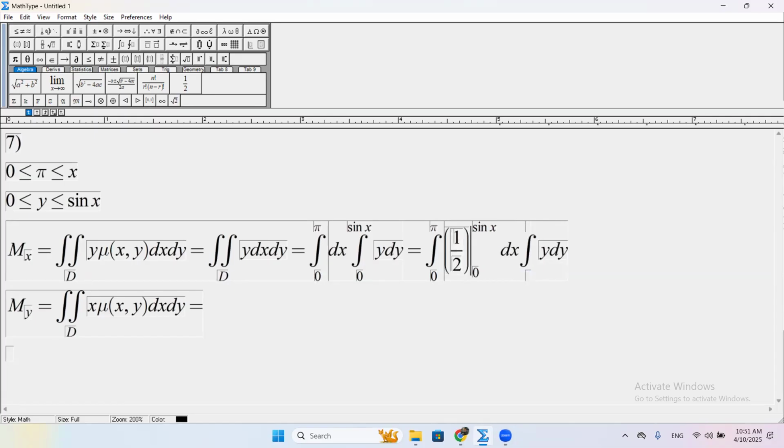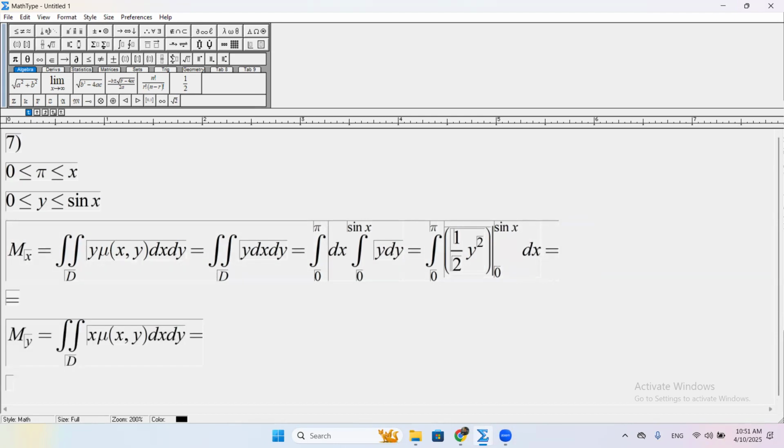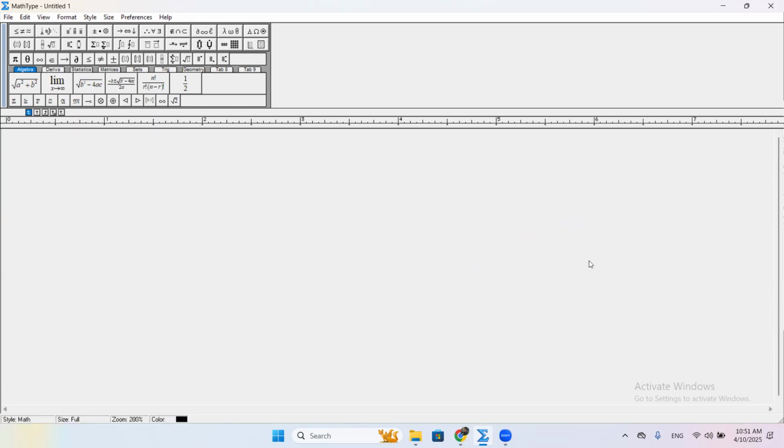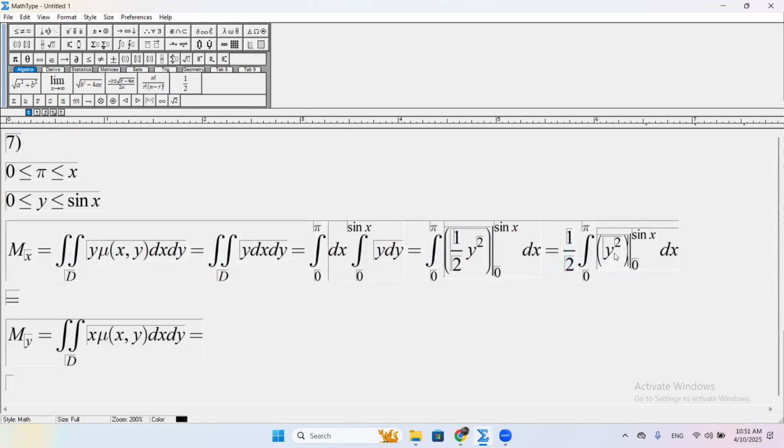So 1 over 2 y to the power of y squared. It is not so complicated an integral, but anyway, we need to calculate it. So 1 over 2 goes here, and sine squared of x. So yeah, we will have to do a little bit more calculations.